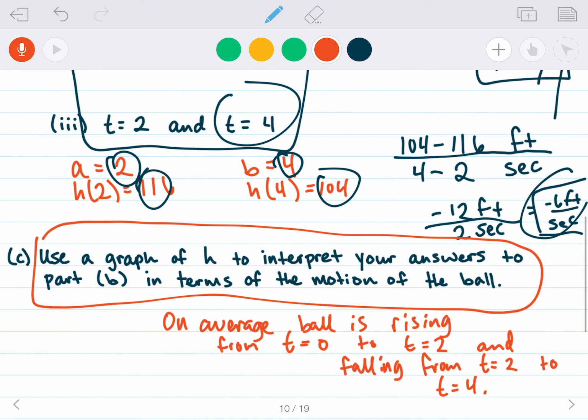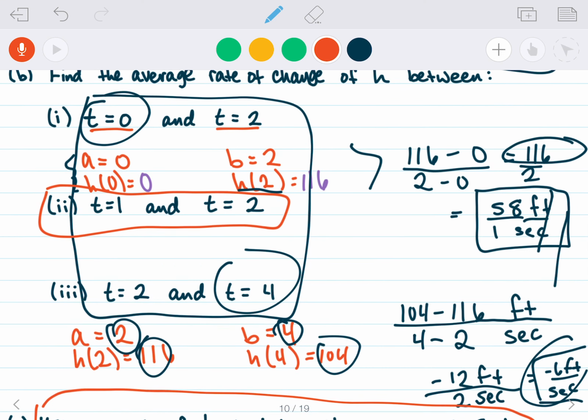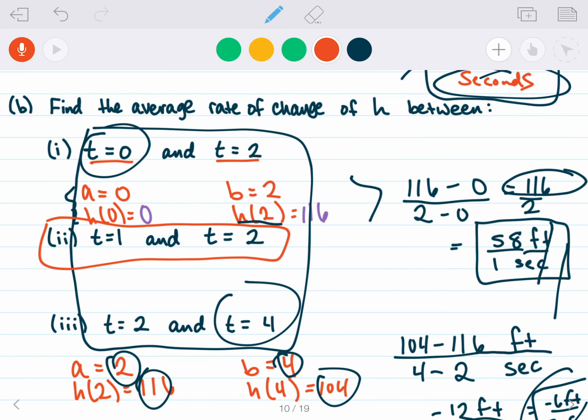That doesn't mean it's falling the whole time. It just means that on average it's falling. And you guys should try this as an exercise, t equals 1 and t equals 2. Try to find the average rate of change between those t values.